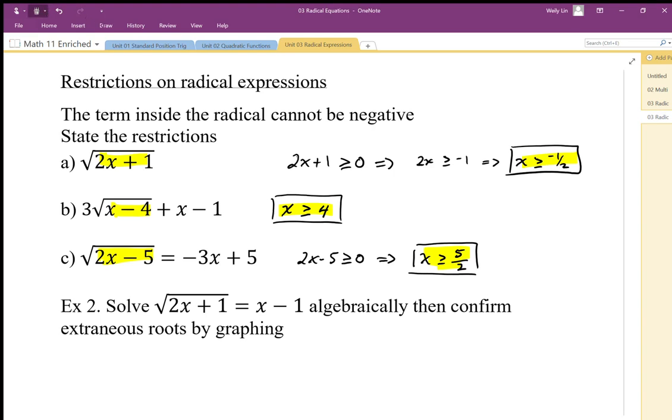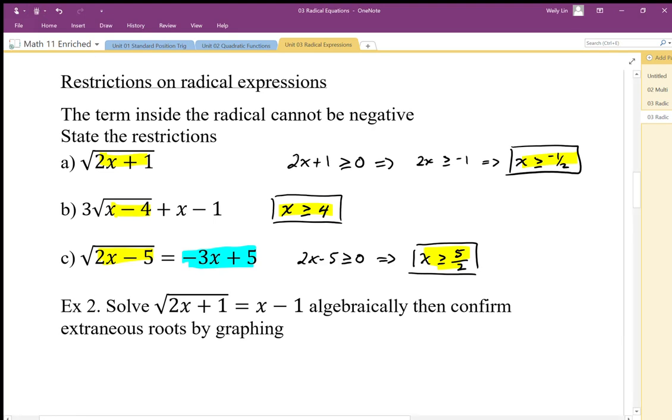Now I'm going to add a little bit to this and say that there's also an outside restriction, because this square root cannot equal a negative. Okay, so remember that the square root is a principal square root, meaning that when we do the square root, we always get a positive value. So this expression here can't be negative.